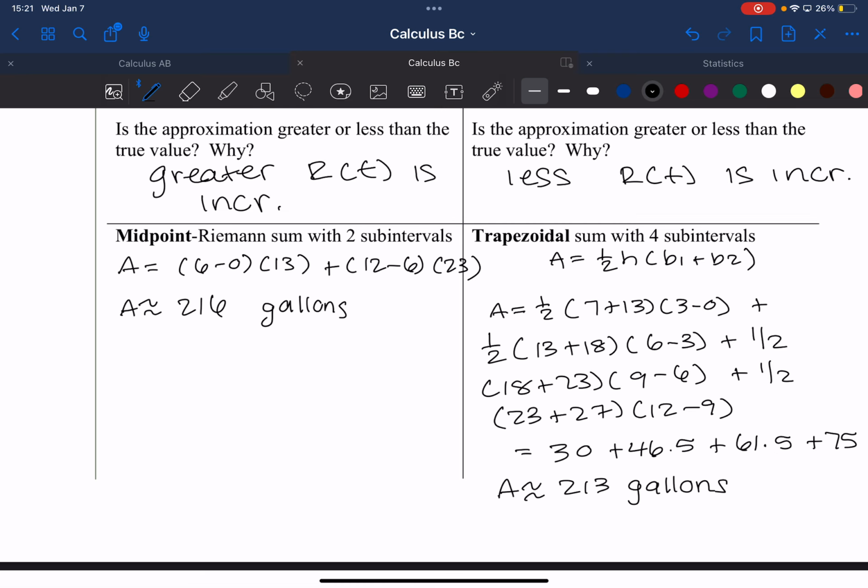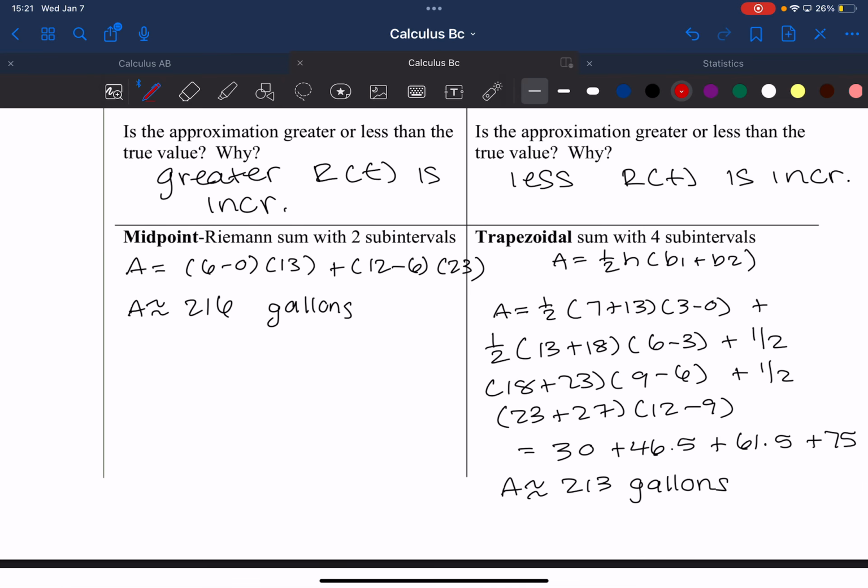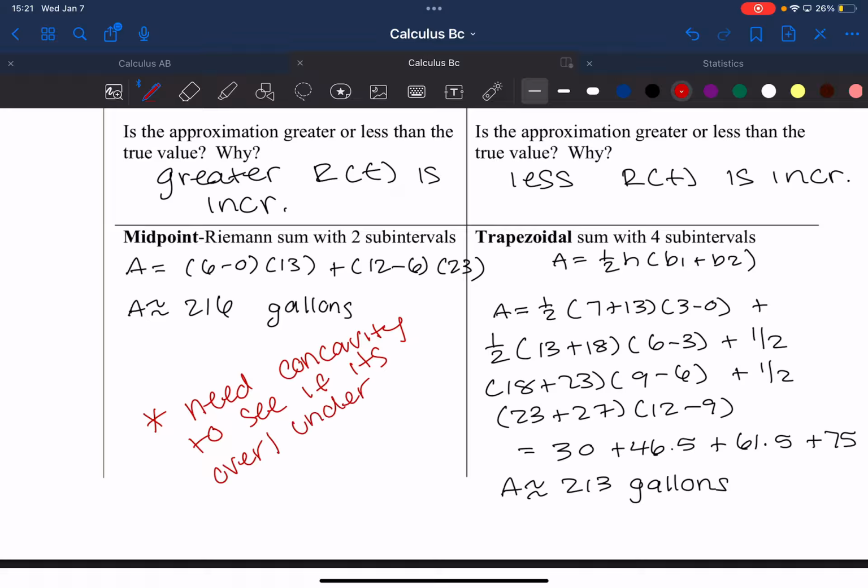Concavity. Did the problem mention anything about concavity? No. So since it did not mention anything about concavity, we cannot see if it's an over or under approximation. So recall that we need concavity to see if it's an over or under estimation.